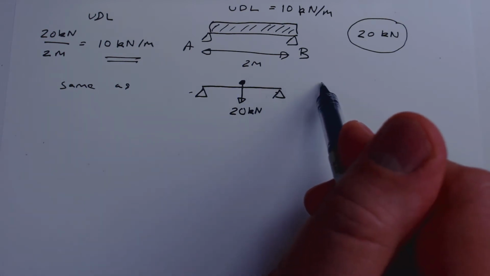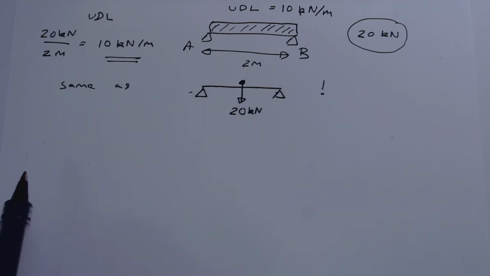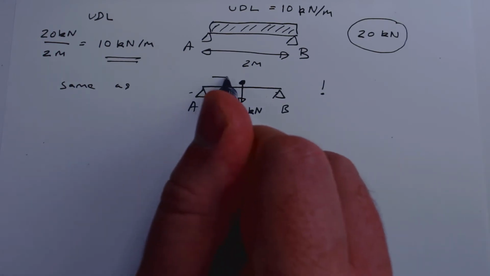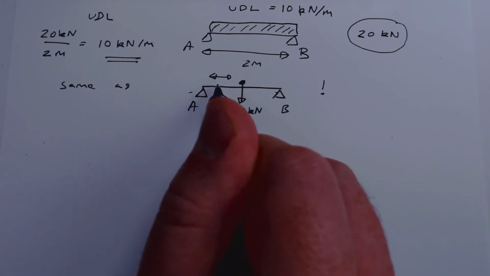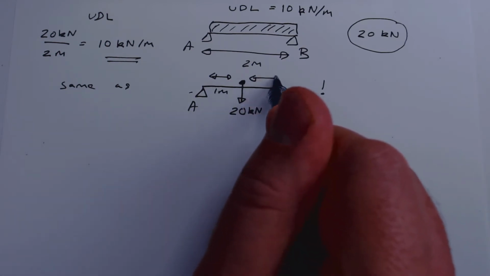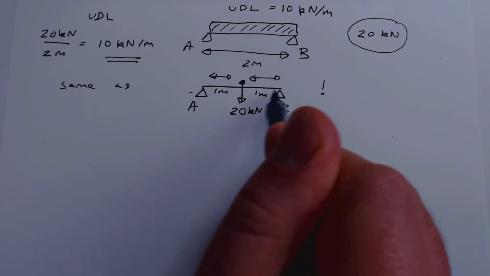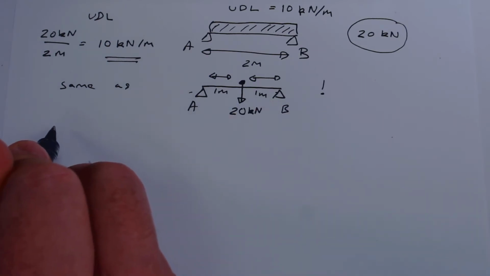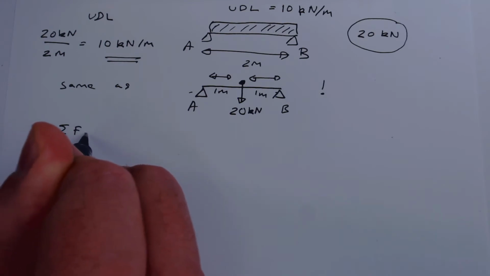And if I've got this problem, I know how to deal with that. So I've got A, B, it's 1 meter to get to the center of mass of the UDL, 1 meter to get to the center of mass from that point from the UDL, and I would just use my approach of summing up forces in the x direction.